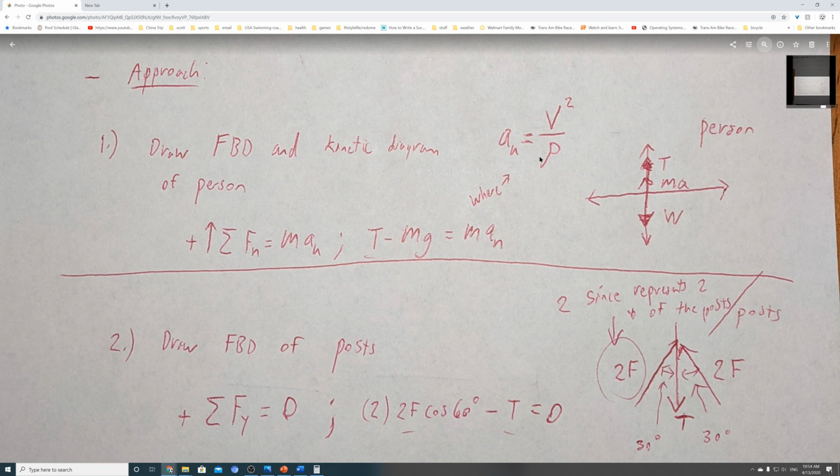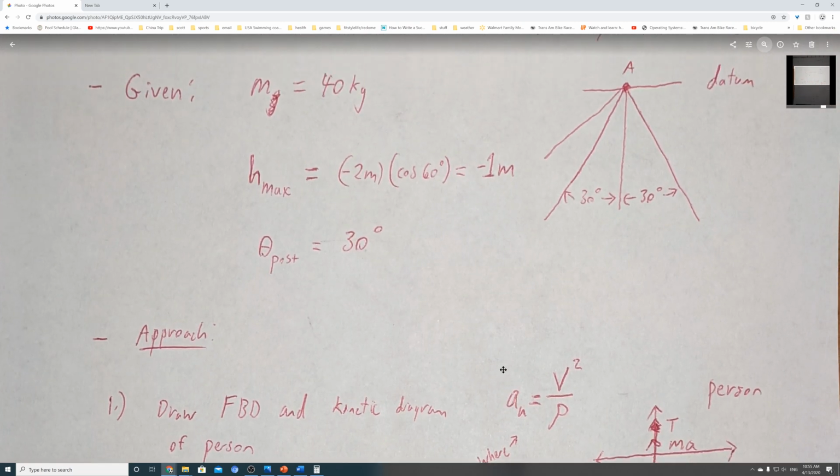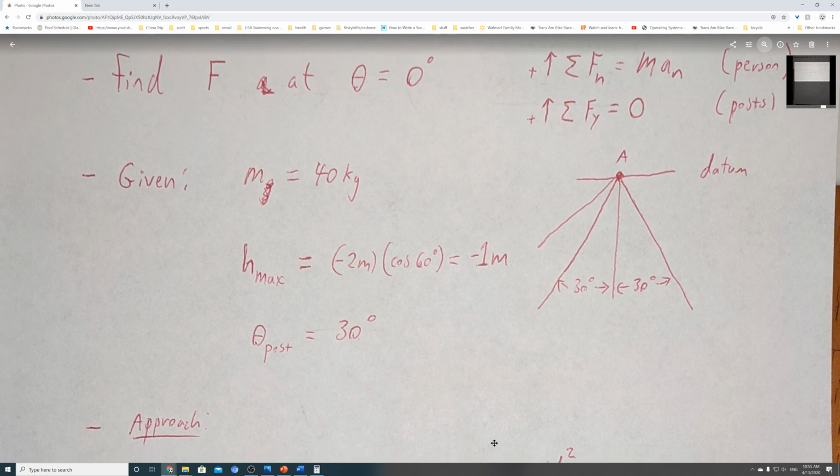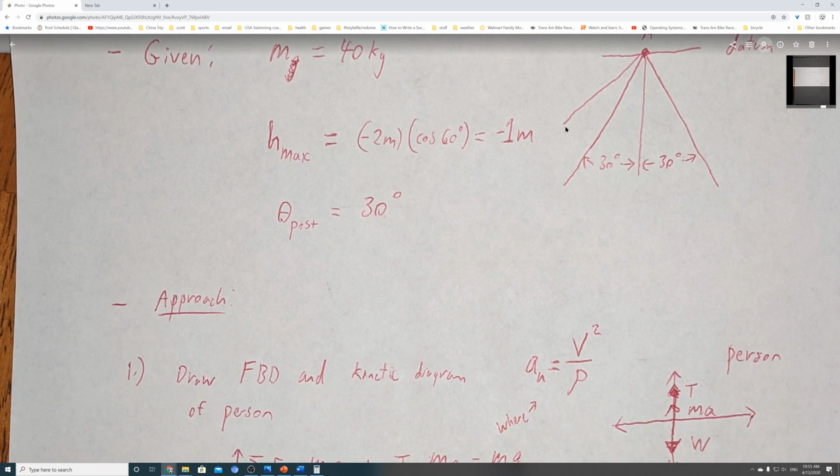Of course, this is from our kinematic equation for the normal component of acceleration: the tangential velocity squared at this point over the instantaneous radius of curvature. The radius of curvature is the same for this entire motion. I didn't write that down, but it's 2 meters. The length of the chain here is 2 meters.